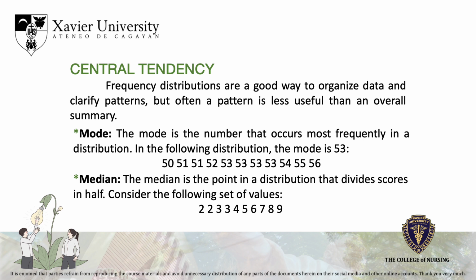So our mode is obviously 53. The value of 53 occurred 4 times, a higher frequency than other numbers. The mode of the patients' anxiety scores in Table 15.2 earlier was 24, if you go back to our first sample.